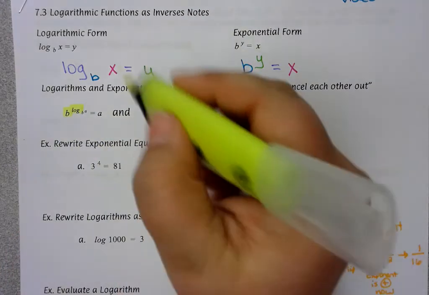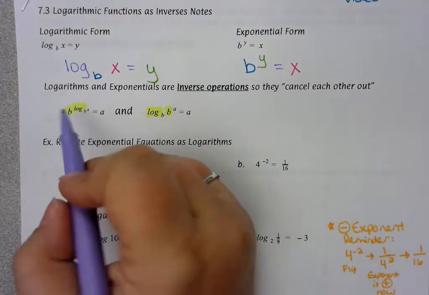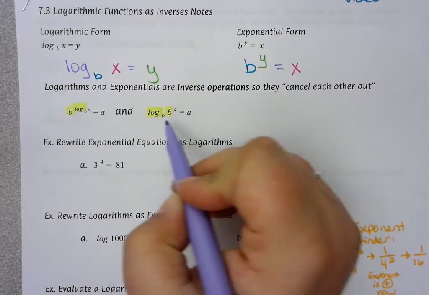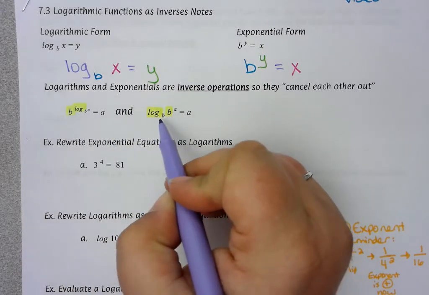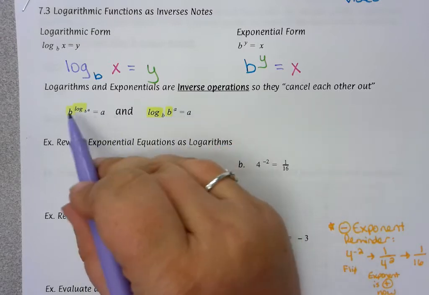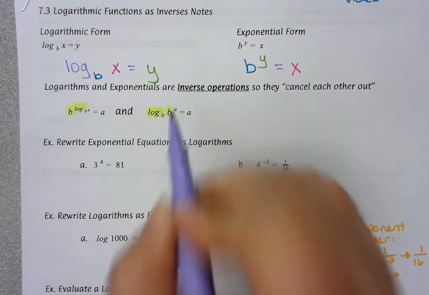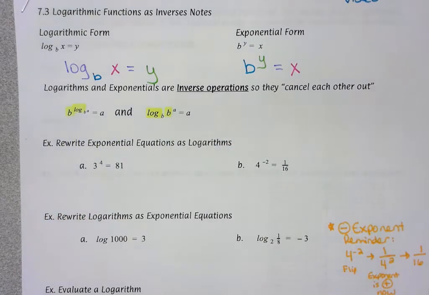Same thing if you have log with some base of that same number. So notice the base and the b have to match, and then it will just end up being whatever you're taking that log of, and whatever this exponent is. So those cancel each other, which is why we're talking about them at the same time.